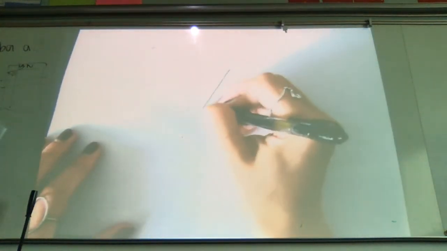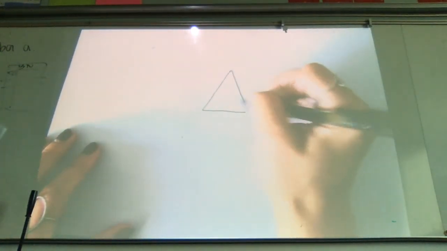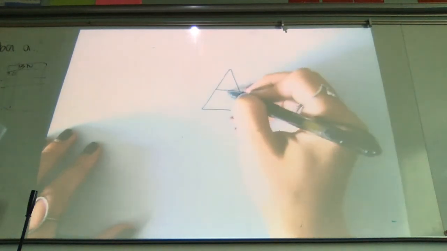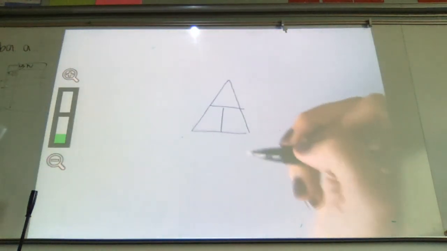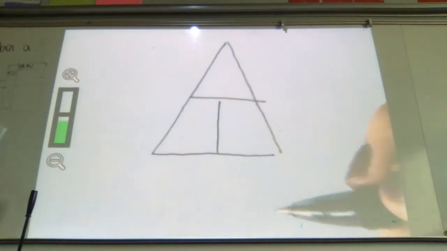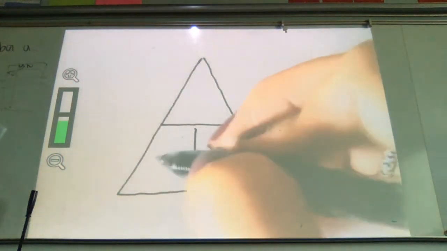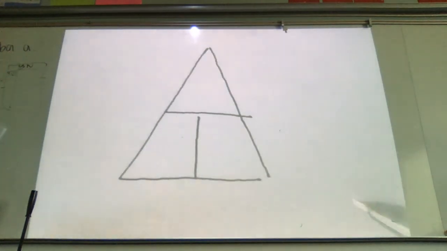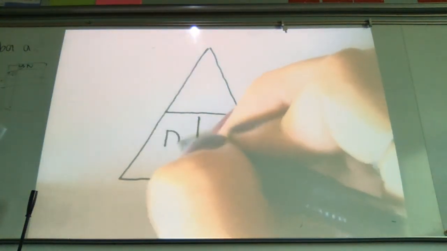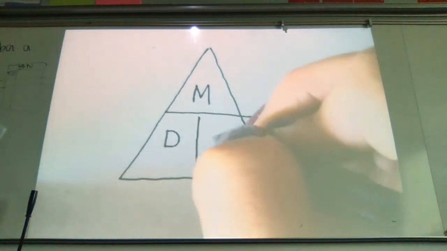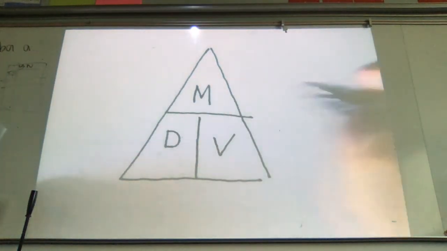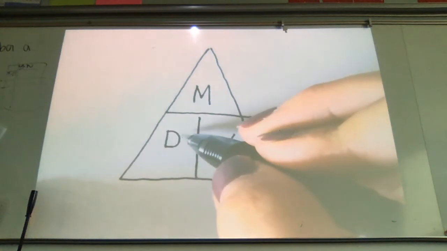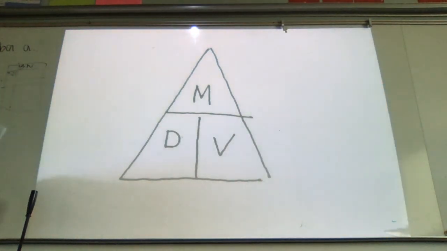One more thing I want to show you is the MDV triangle. So you can form a triangle that looks like this. Okay, and it is the MDV triangle because of this, where M represents mass, density represents D, and V represents volume.